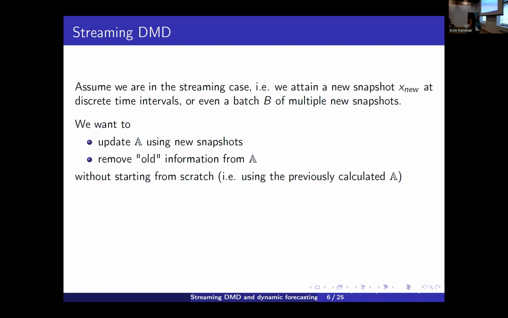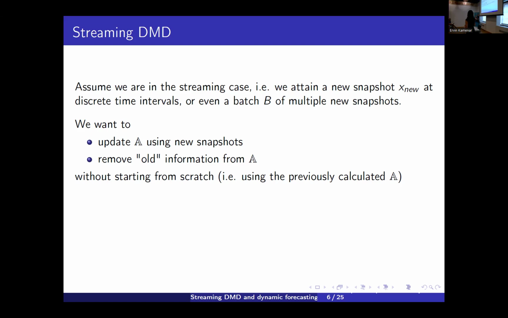Now, for the streaming part, the assumption is that we have streaming data. So we have new snapshots coming in or a batch of new snapshots coming in. And if we want to do forecasting or if we want to do something with it, it is important for us to have this fresh data to embed it in our matrix A. And so what we want to do is take in this fresh information and possibly also discard the old information that might not be relevant anymore.